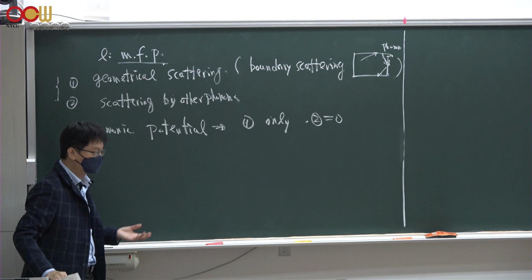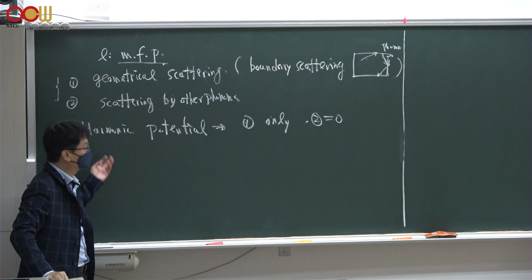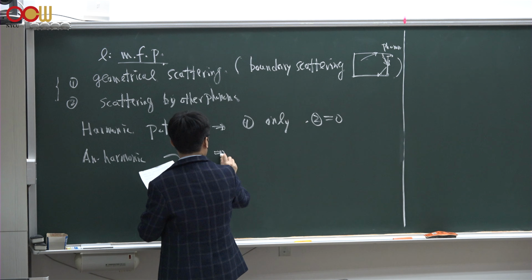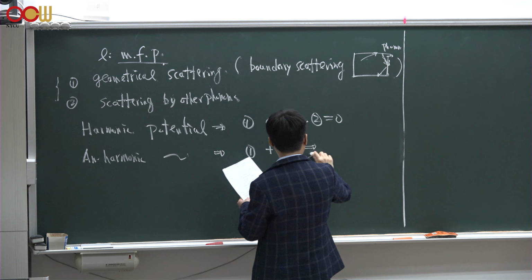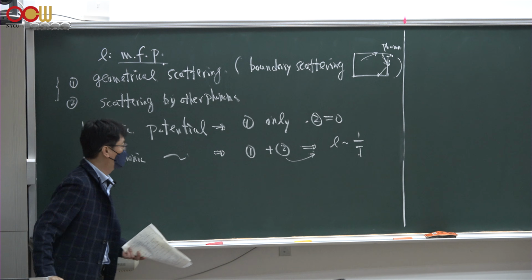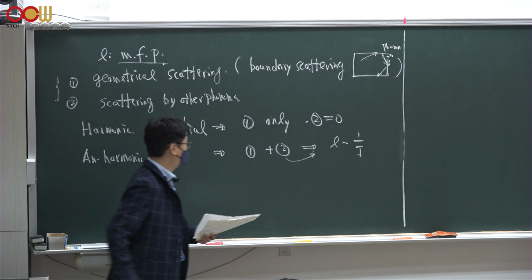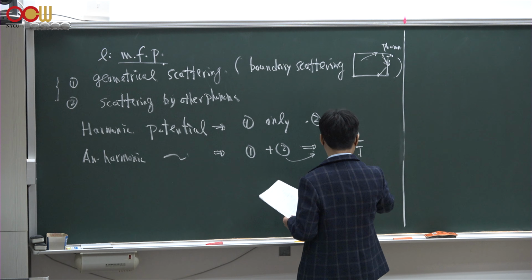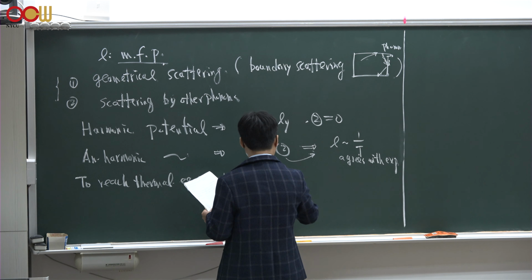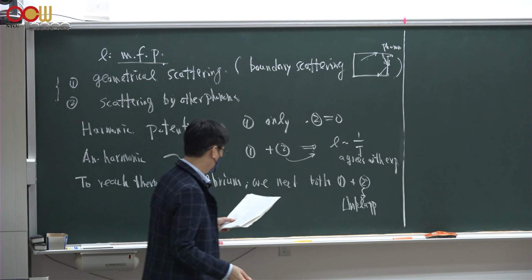So the phonon, even though it cannot stay forever, stays almost forever, because the phonon cannot be scattered by another phonon. But for the anharmonic potential, we have both. And in particular, the second term gives us 1 over T behavior of the mean free path, which agrees with the experiments. So to reach the thermal equilibrium, we need both. In particular, we need Umklapp scattering processes.